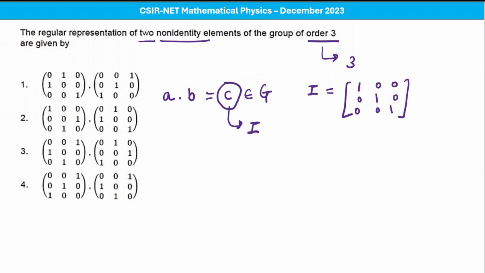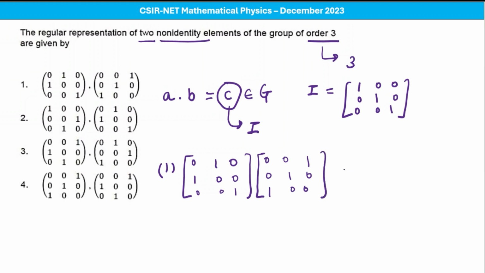So we just have to multiply the two elements which are given in the options, and we have to check whether the elements give us the identity element or not. So checking the first option, 0 1 0, 1 0 0, 0 0 1, times 0 0 1, 0 1 0, 1 0 0.